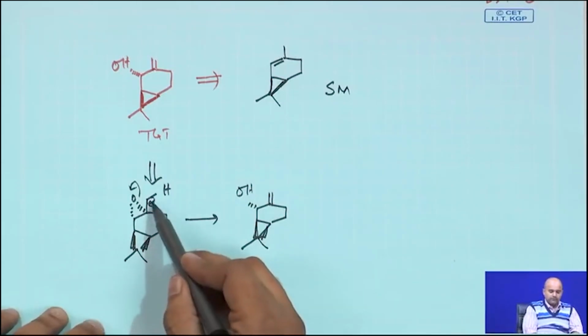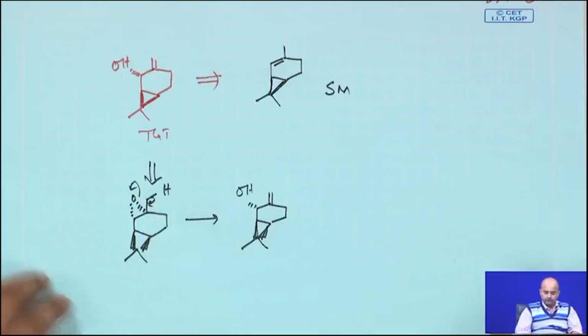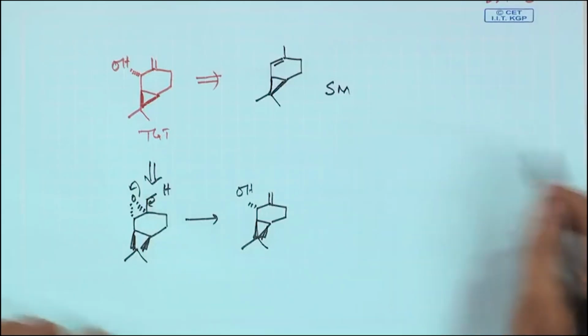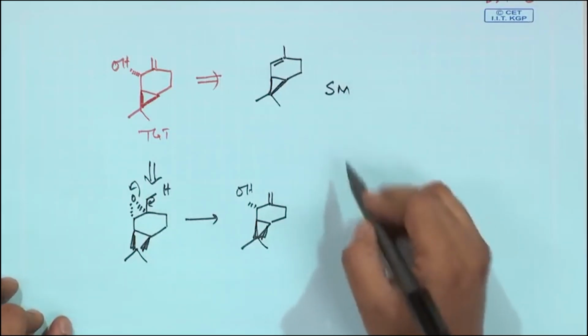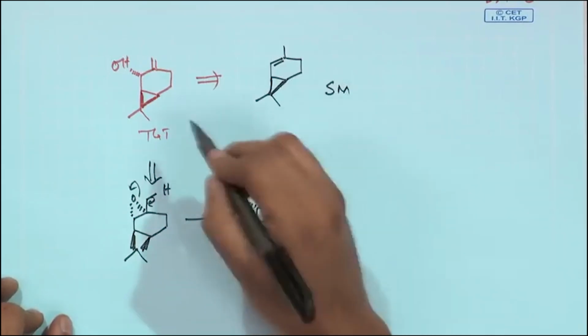Eventually this abstraction of the hydrogen seems to be a bit difficult, but there are ways to do it. So now we will try to figure out how the synthesis can be carried out.